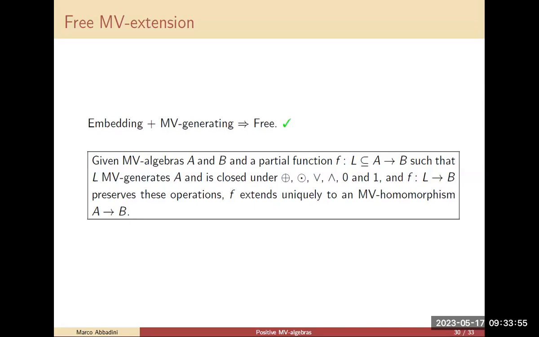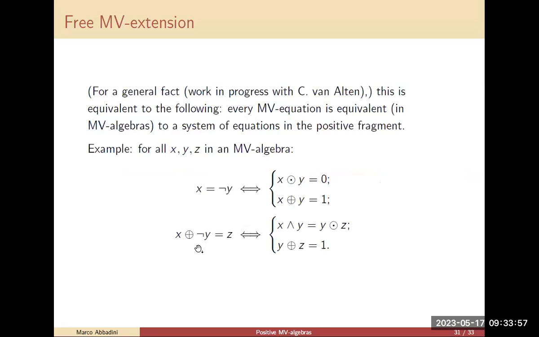And just let me mention that this is equivalent, by a general fact of general algebra, to the fact that every equation in the language of MV-algebras is equivalent, for MV-algebras, to a system of equations where I don't use the negation, I just use the positive fragment.